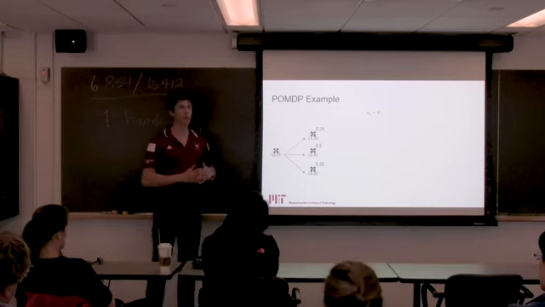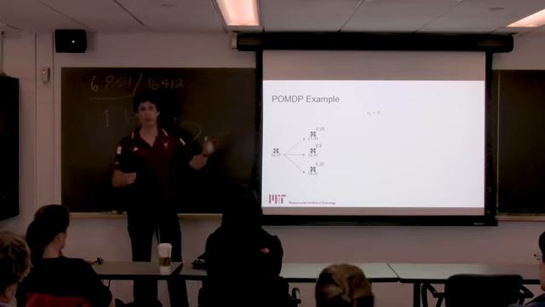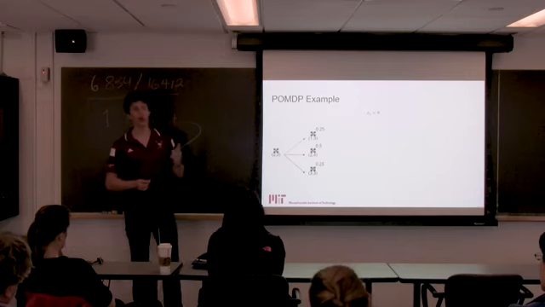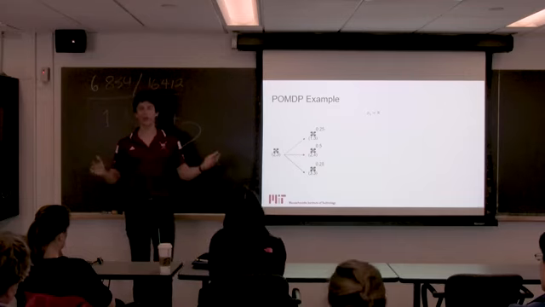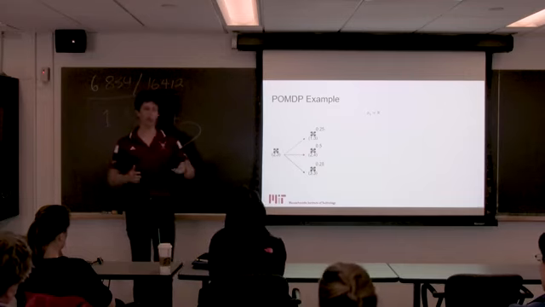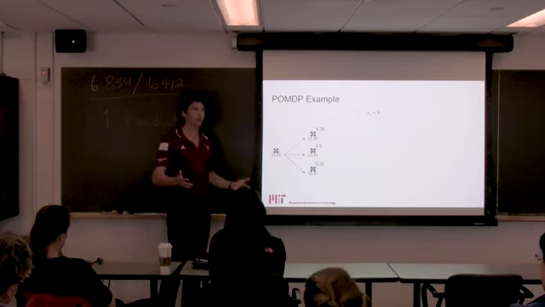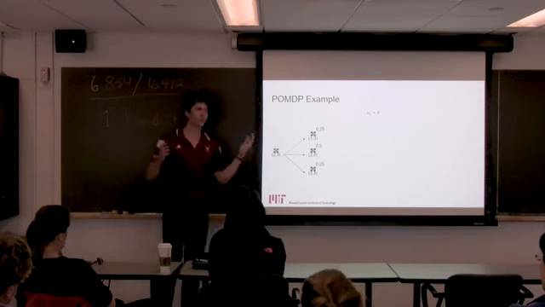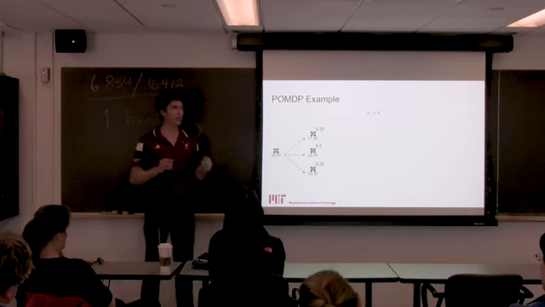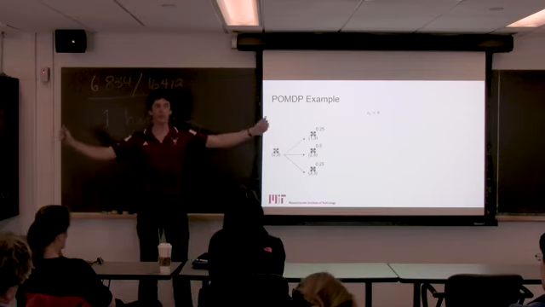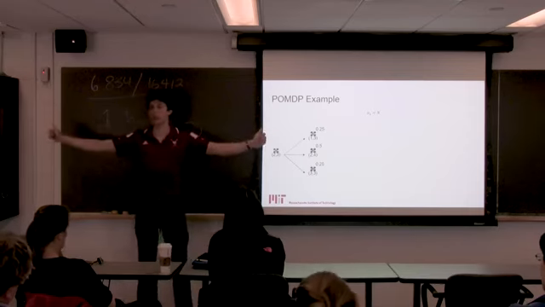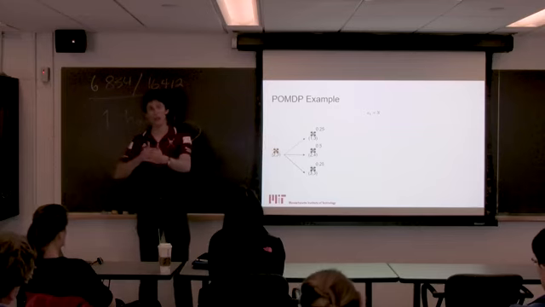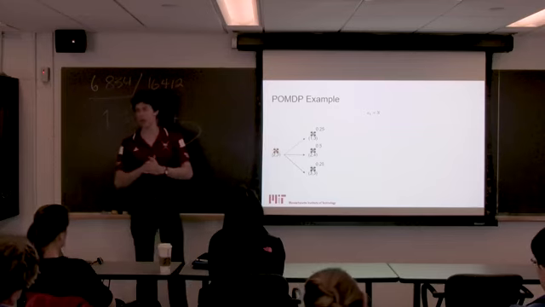For example, if you're living in an XY grid, maybe you can only observe your Y dimension. This could match up in a real-world example to a quadrotor flying down a hallway. Catherine was working on a DARPA project with quadrotors flying down hallways. If the hallway is too long, your laser rangefinder isn't going to be able to determine where you are along one axis, but it can tell where you are along another.